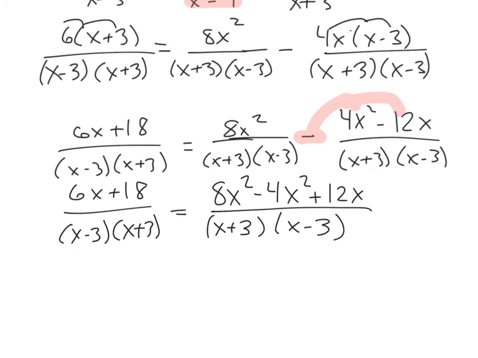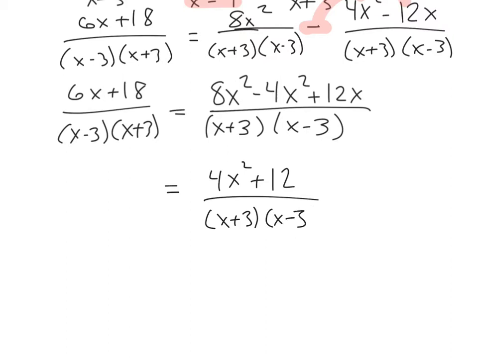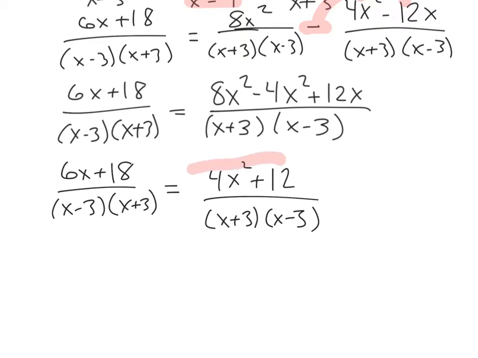Now, let's go ahead and simplify the terms because we can combine these x squareds. That's going to give me my 4x squared plus 12x all over x plus 3, x minus 3. And then 6x plus 18 all over x minus 3, x plus 3. Now, looking at this officially gets into the category of cross multiplying because now we have the ability to do this one and do this one, right?